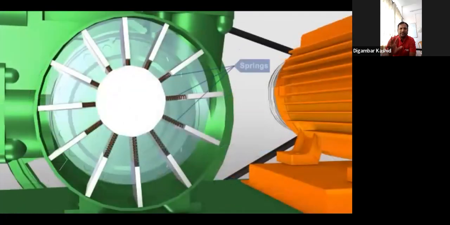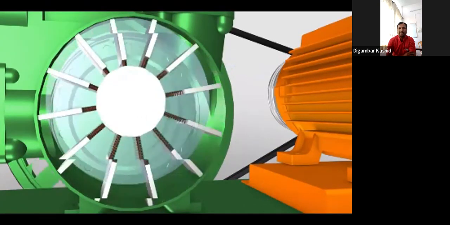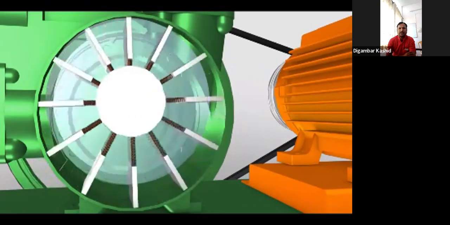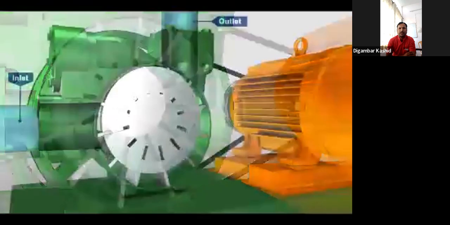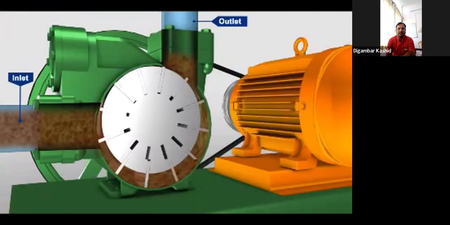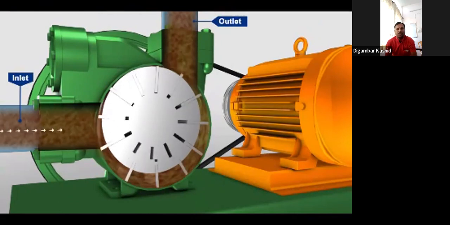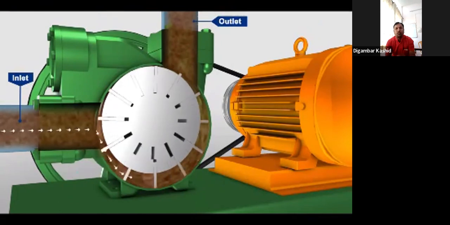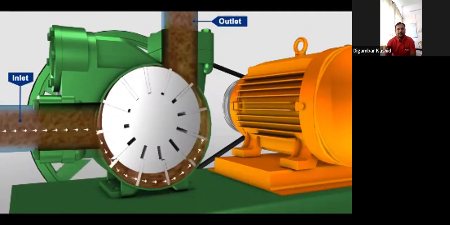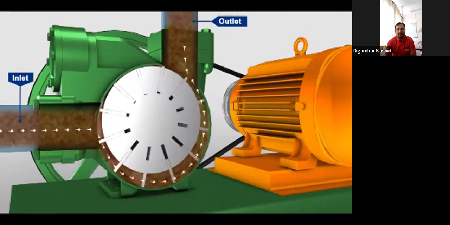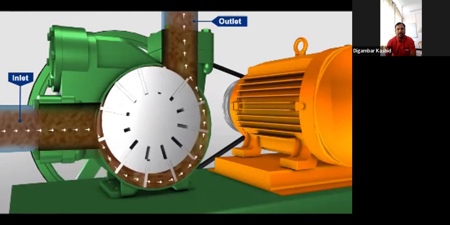A spring pushes the pistons against the inner surface of an encircling stationary ring mounted eccentric to the cylinder. The pistons draw in fluid during half a revolution and drive fluid out during the other half. The greater the ring eccentricity, the longer the piston stroke and the more fluid they transfer.